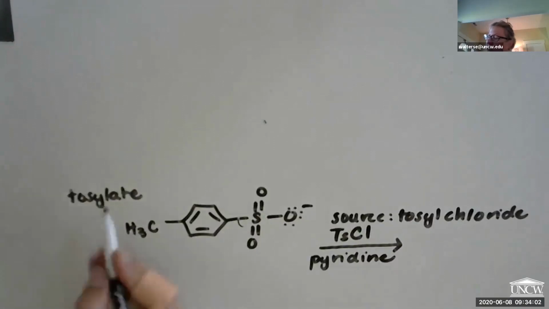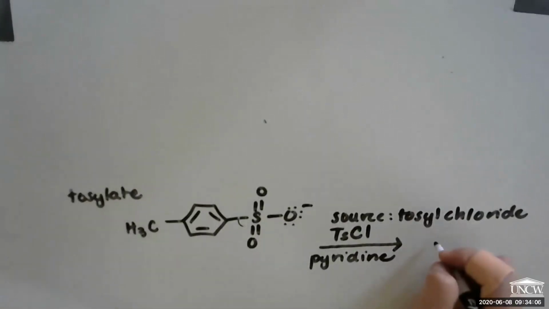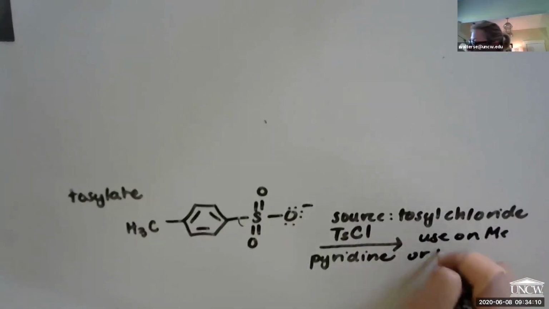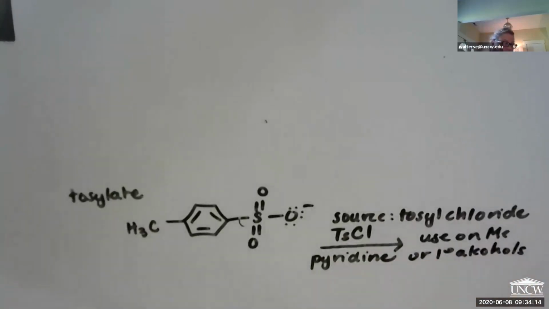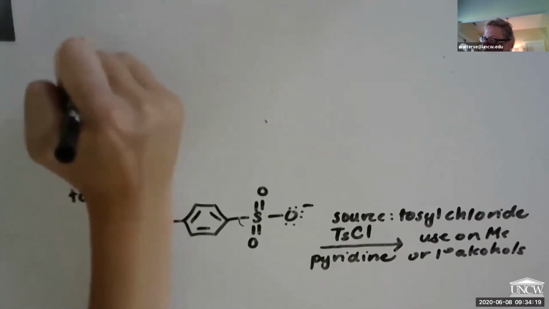And we're going to use tosyl chloride on methyl or primary alcohols. So let's take a substrate, methanol.